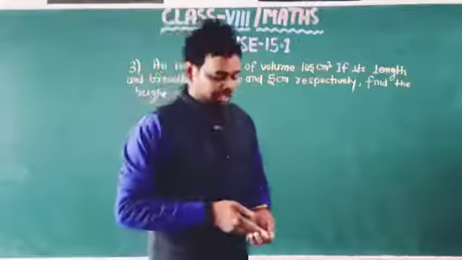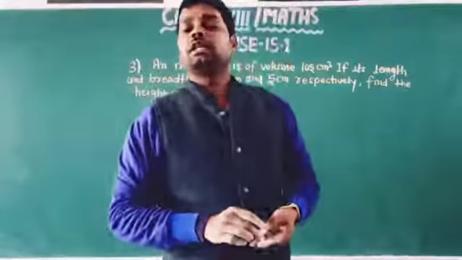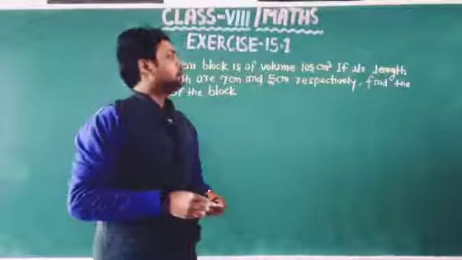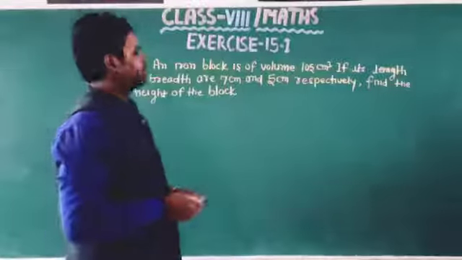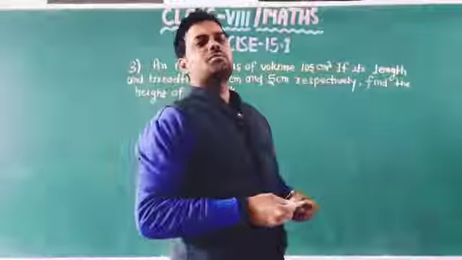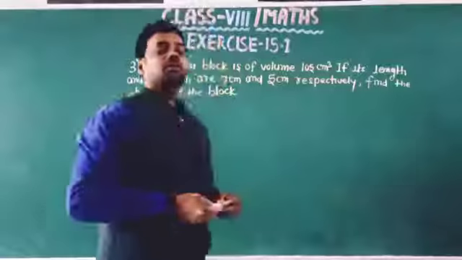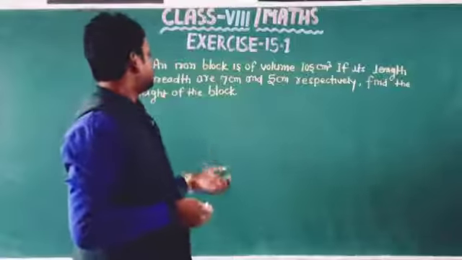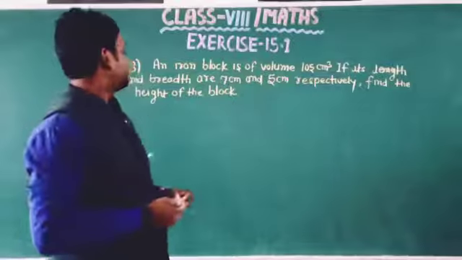Okay, so children, basically in this question we have an iron block having length 7 centimeter, breadth 5 centimeter, and its volume is 105 centimeter cube. Then we need to find the height of the block.